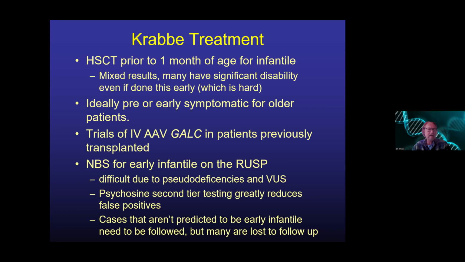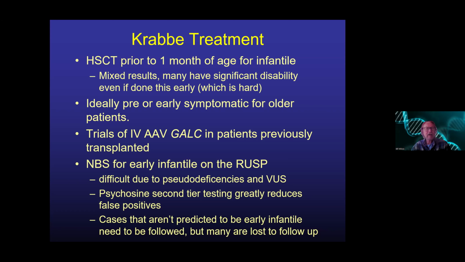So we rely on, and which is really what the newborn screening on the RUSP recommends, is cytosine second-tier testing. And we do that on a blood spot from the newborn screening card. So that just gets sent off when we get a low enzyme assay. And it's reduced false positives by a lot. So that's the way to go.